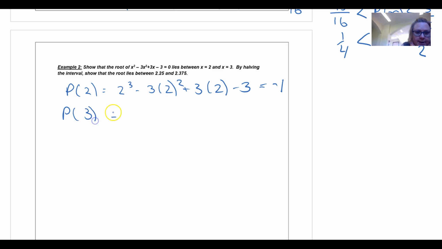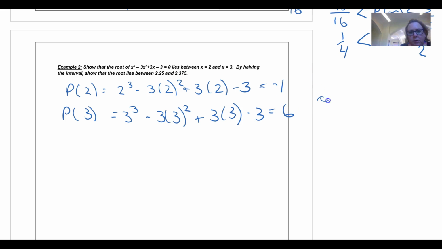P of 3, that's negative. I'd be thinking P of 3 had to be positive, or it hasn't worked, and that equals 6. Change of sign there. Therefore, root.